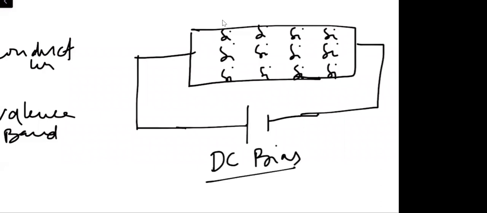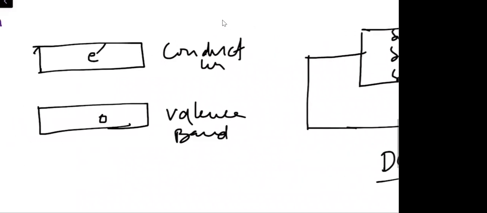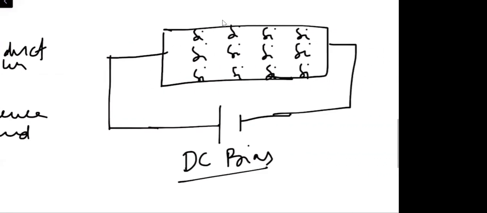Now what will happen is that the electrons which are in the conduction band, as you can see, and the holes, which are in the valence band, right? Whenever this biasing potential is applied, this side is positive and this side is negative.